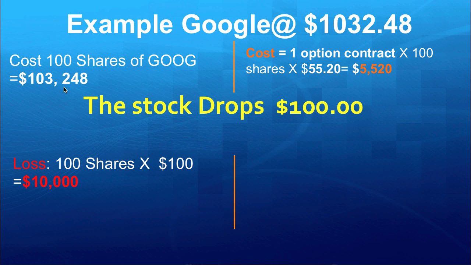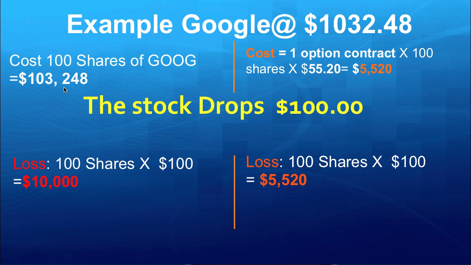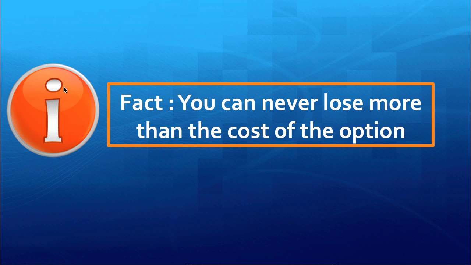Now let's look at the right side. Cost of an option contract, $5,520. If Google fell $100, you would only lose $5,520. Again, which is more? You can lose more on the left side buying the stock than you ever could on the right side buying the option.